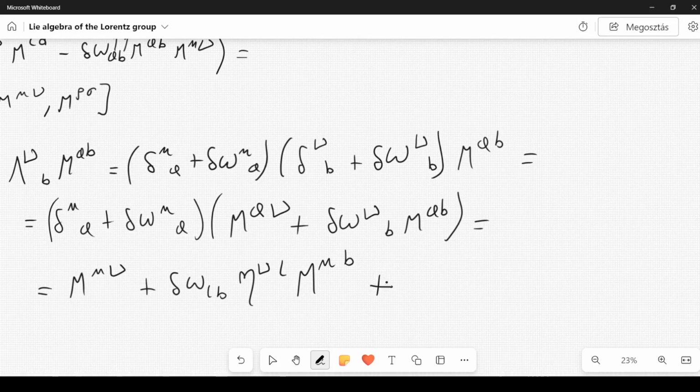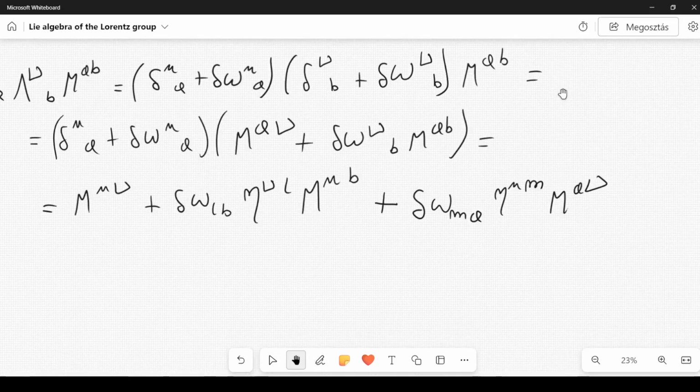Then we have another term plus the change in omega MA eta mu M A nu, and then you have higher order terms that you can neglect. So in particular, I'm referring to the multiplication between this and this, which you can neglect because it is a second order term in delta omega.